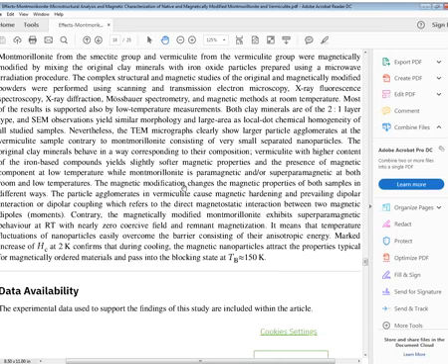Magnetite modification changes magnetic properties of both samples in different ways. Particle agglomerates in vermiculite cause magnetic hardening and prevailing dipolar interaction, or dipolar coupling, which refers to direct magnetostatic interaction between two magnetic dipole moments. Contrary, magnetically modified montmorillonite exhibits superparamagnetic behavior at RT with nearly zero coercive field and remnant magnetization.